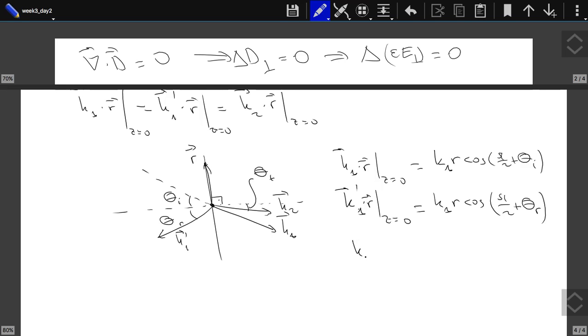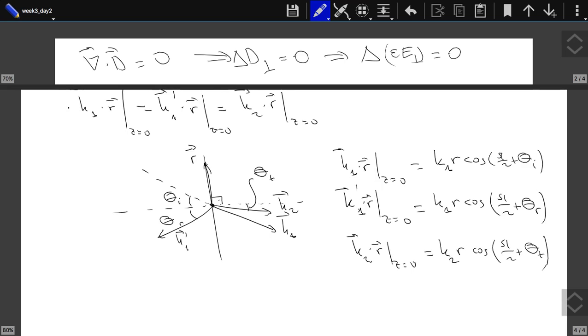And then finally, I have K2 dot R. This is equal to the magnitude of K2, the magnitude of R times cosine of pi over 2 plus theta T. And all of these numbers should be equal to each other.